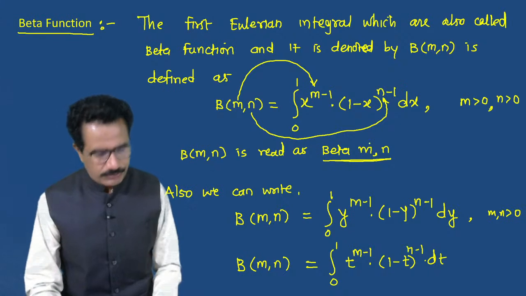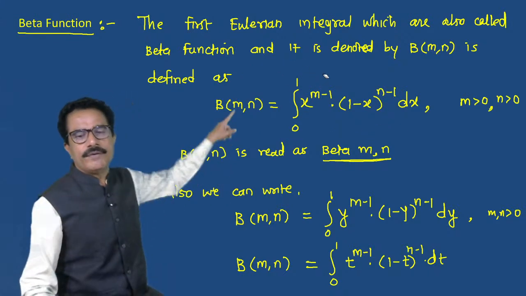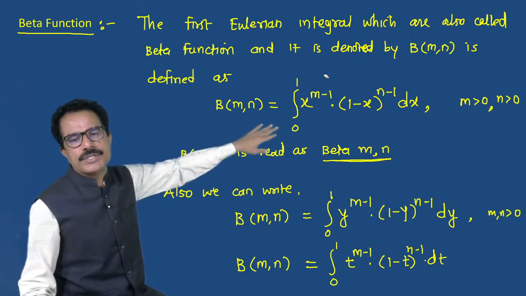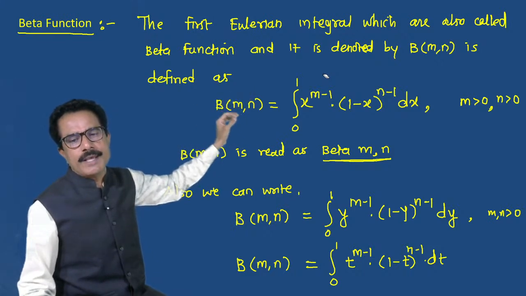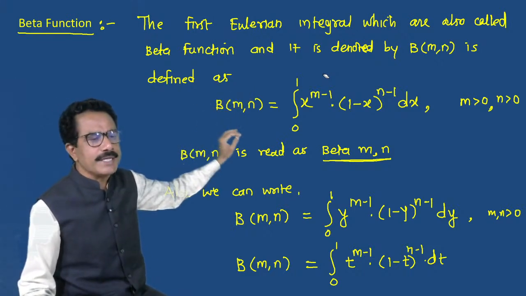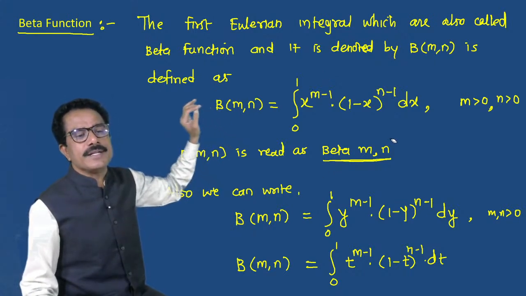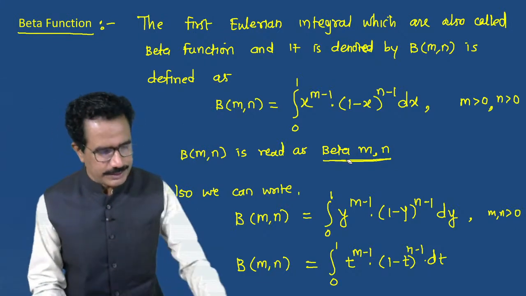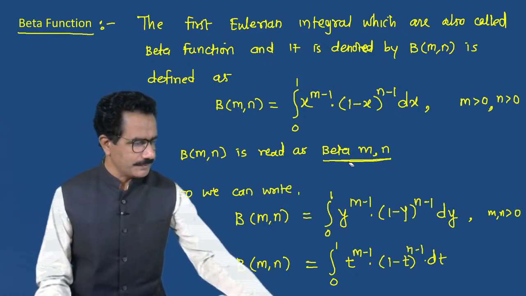Same condition we have to take. See this, okay? So this is the definition of a beta function, beta m comma n, which is equal to the integral from 0 to 1 of x raised to m minus 1 into 1 minus x raised to n minus 1 dx, where m comma n greater than 0. This is the definition of the beta function.